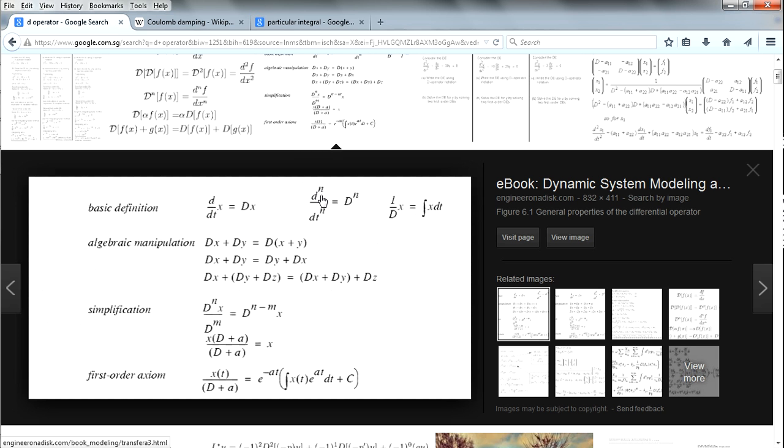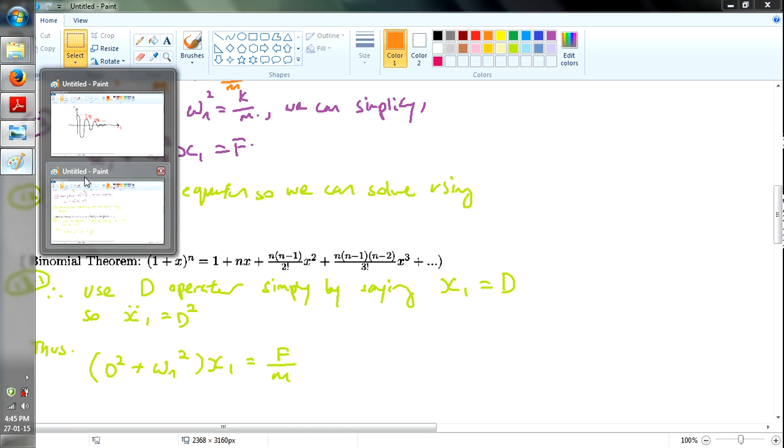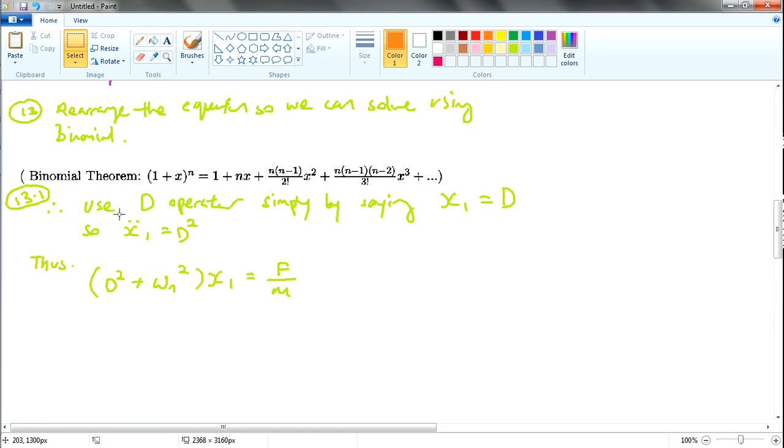So any power, d^n over dt^n, is equal to D^n. If it's the second differentiation, a second order differential equation, d² over dt² equals D². So what we are looking at here is a 2 degree differential equation, a second order differential equation, a double dot.